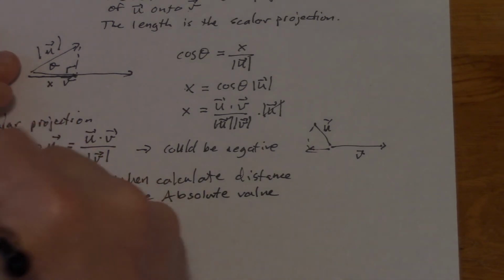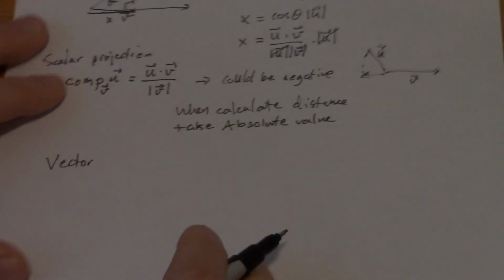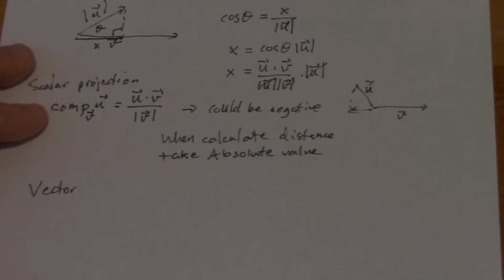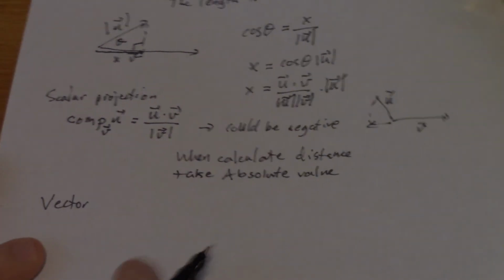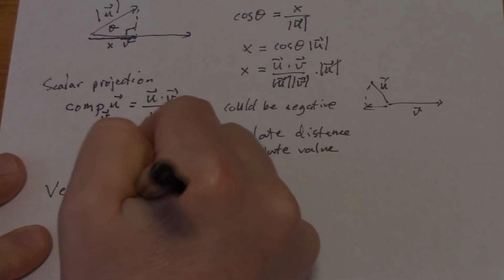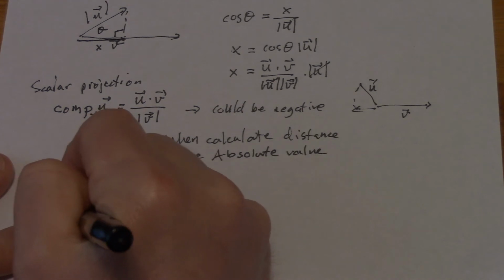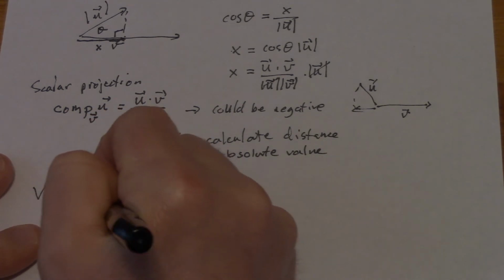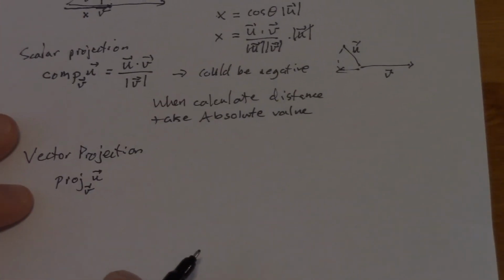Okay, the vector projection. There's a reason why we talk about this one second, and that's because you have to get the scalar projection before you can do the vector projection. So we're going to say that this is the projection of u onto v, so proj of u onto v, and that's really, really simple.